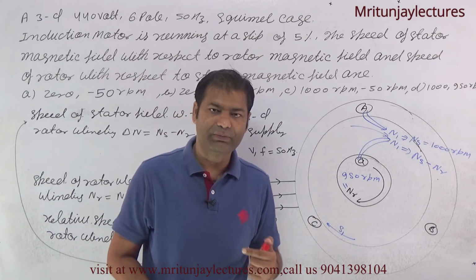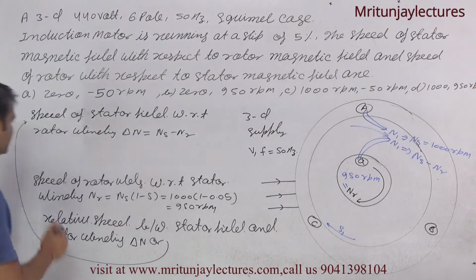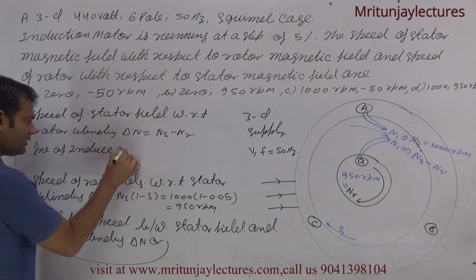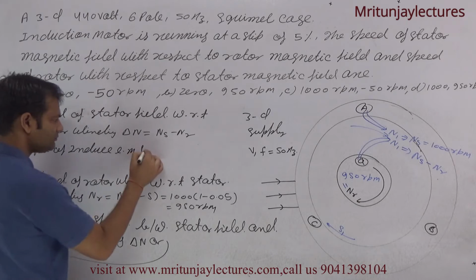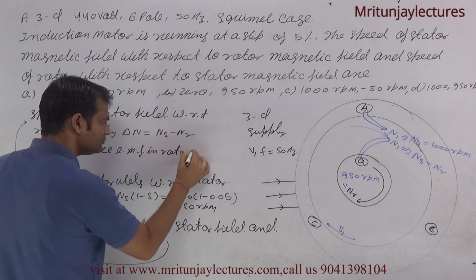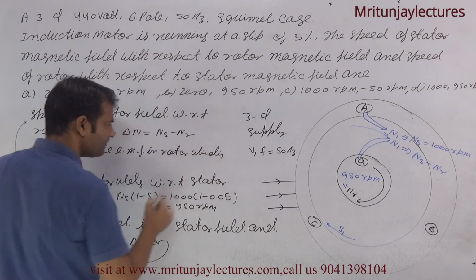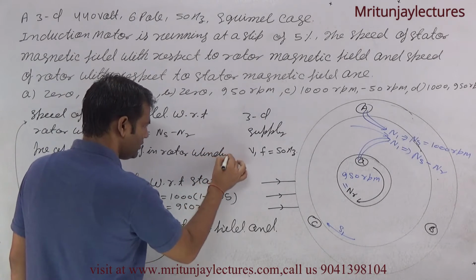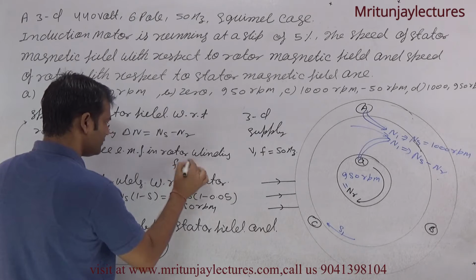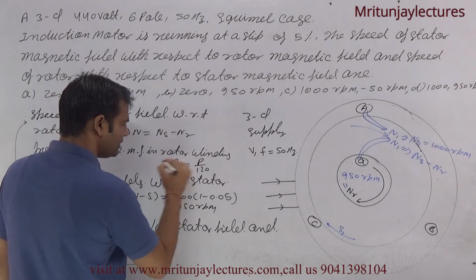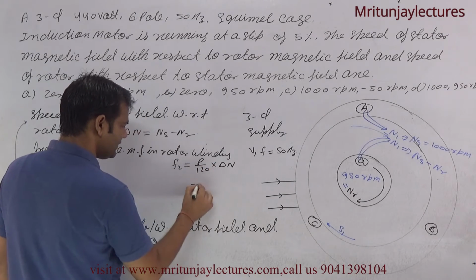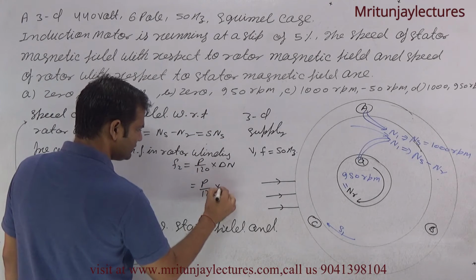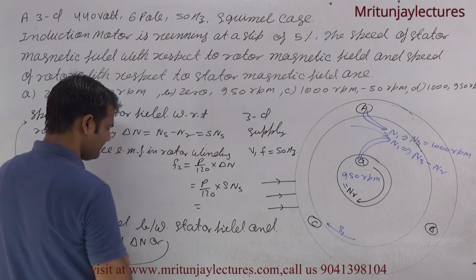So what about the frequency? You write it as the frequency of the induced EMF in the rotor winding, F2, equal to P upon 120 times delta N. This is also written as P upon 120 times S Ns. So that is S Ns.